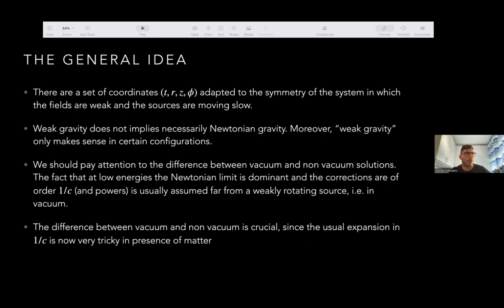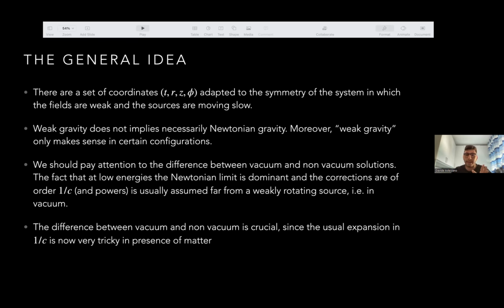Of course, we can point out that maybe one should take into account also non-stationary effects, but up to now we focus on this simple kind of solution. Weak gravity does not imply Newtonian gravity.